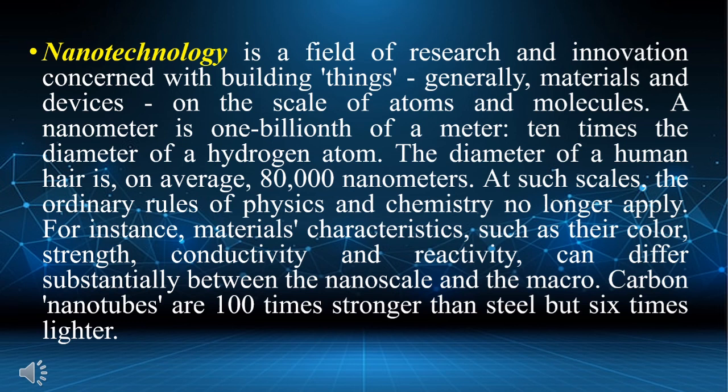The diameter of a human hair is an average of 80,000 nanometers. At such scales, the ordinary rules of physics and chemistry no longer apply. For instance, material characteristics such as color, strength, conductivity, and reactivity can differ substantially between the nanoscale and the macro scale.